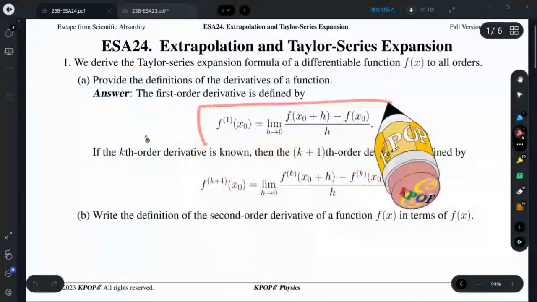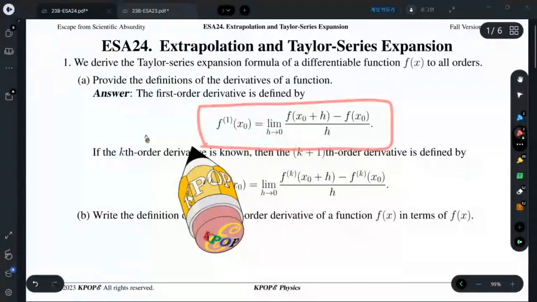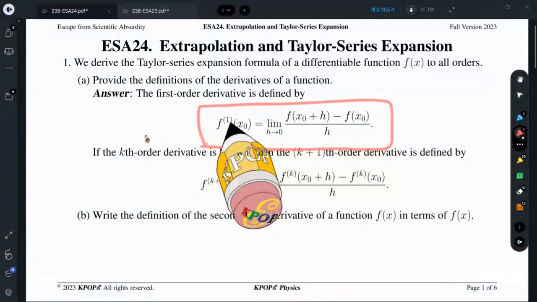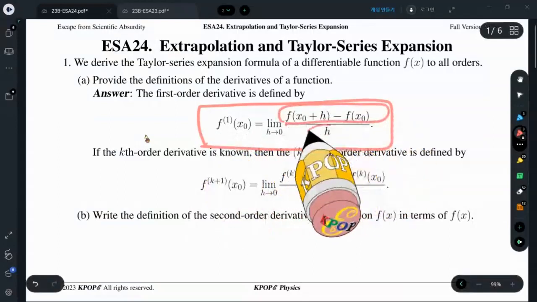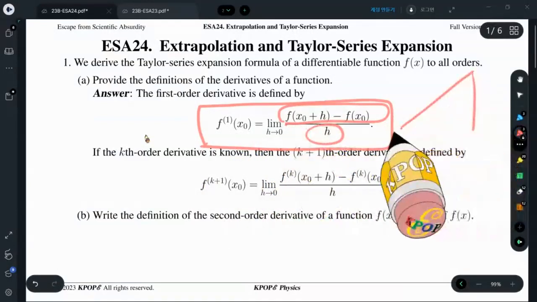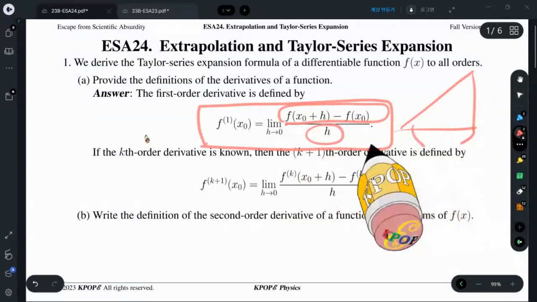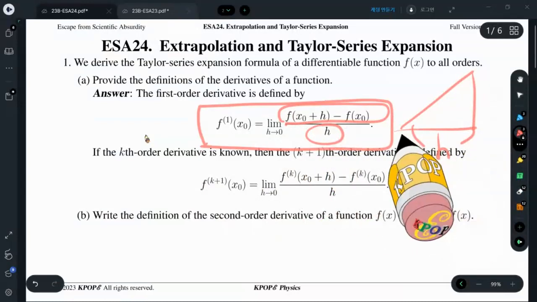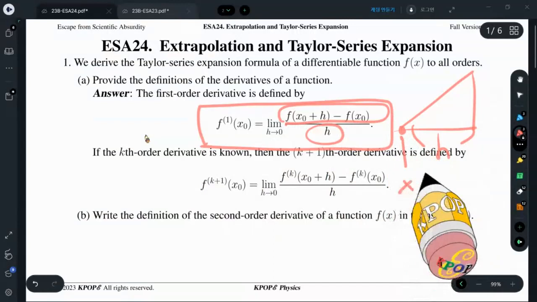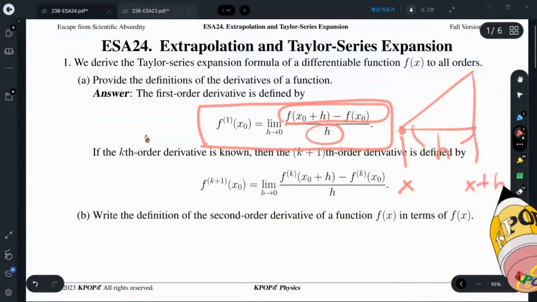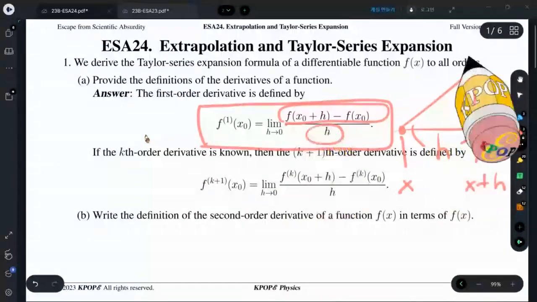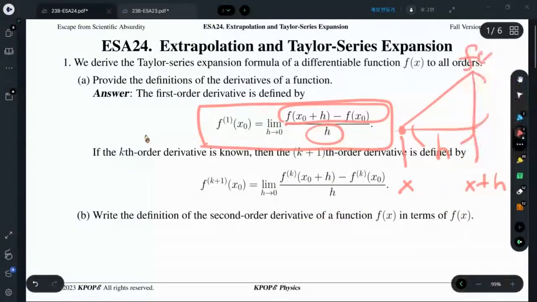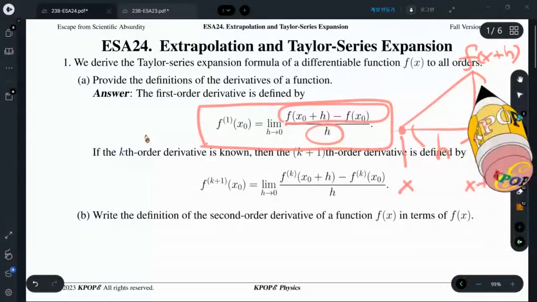We are familiar with the derivative formula, and the first order derivative of a function f can be expressed as the limit of this slope: the horizontal difference of a function from x to x plus h, and the vertical change in the function is f of x plus h minus f of x.